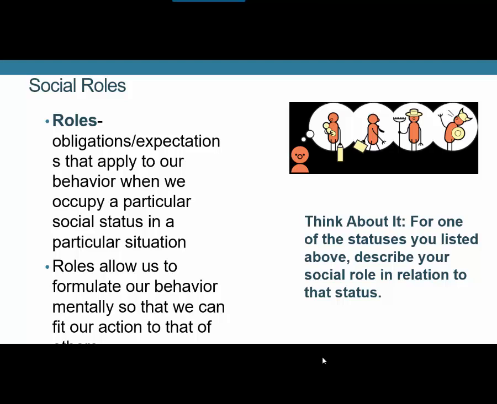I have to take him to get regularly groomed because of the type of dog he is. And being a good pet owner, I think, also means that I'm expected to love him and treat him kindly. And that is the kind of social role associated with being a dog owner. So think about what social roles you have associated with all of your statuses.